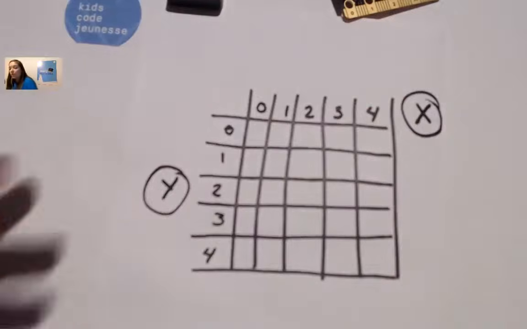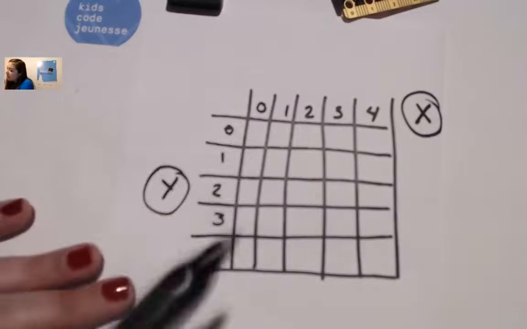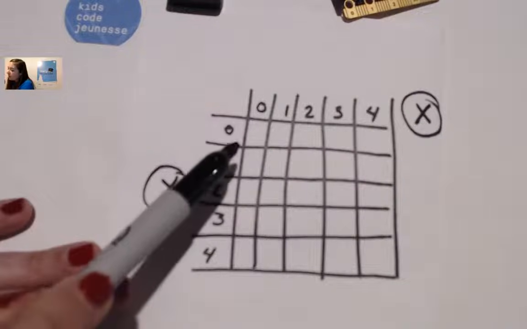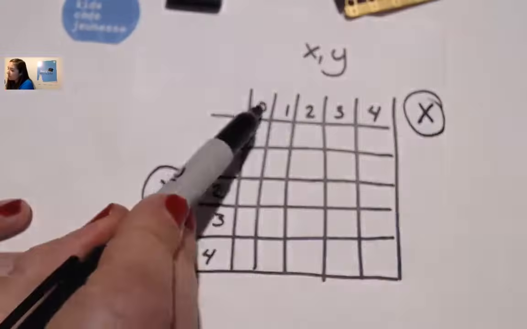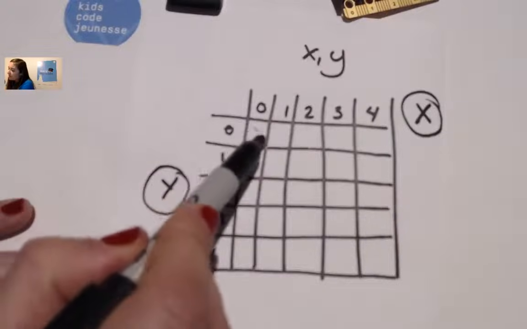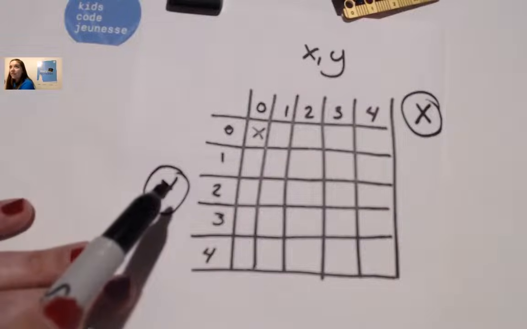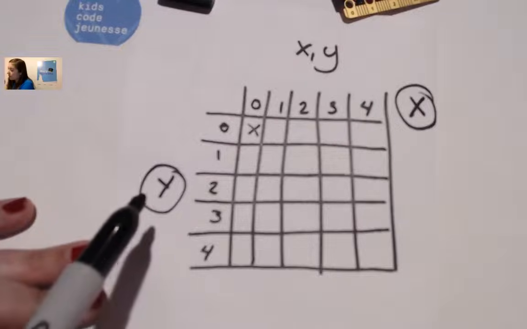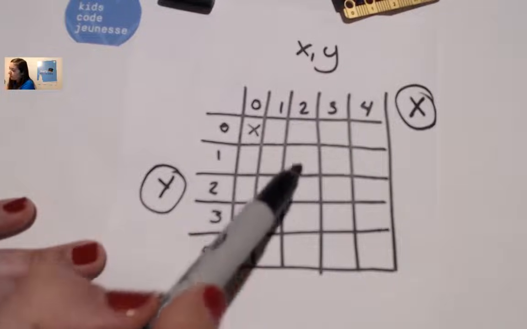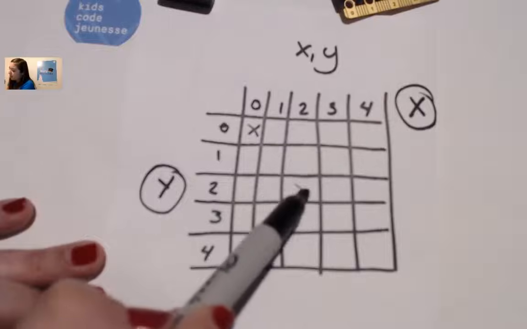And basically what I can do is say, hey microbit, can you turn on 0, 0? So I always start with X and then give the Y. So the 0, 0 is here. So this light would be on. If I say, hey microbit, how about the light at 2, 2? So the 2, 2 is right here.